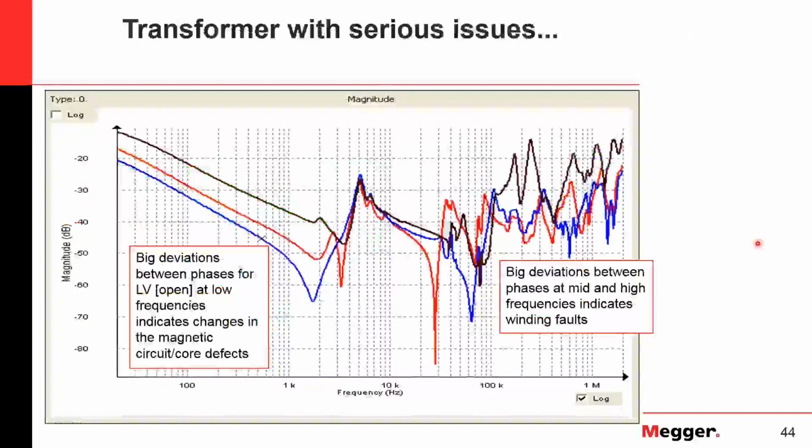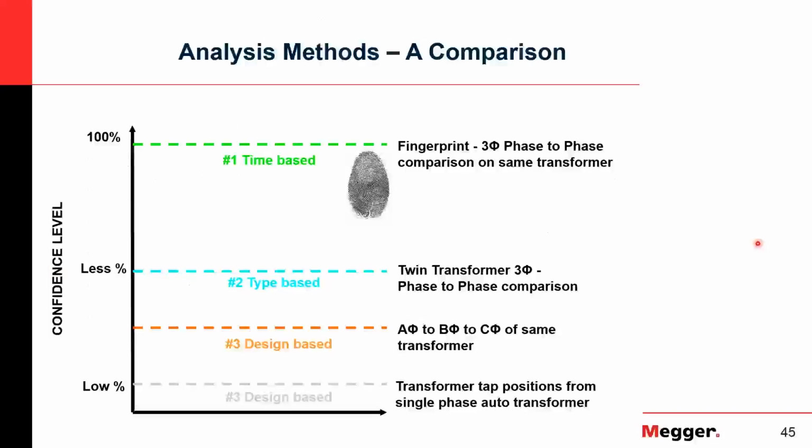So if you see any kind of difference in the reference trace to your new trace, physically, mechanically, something changed inside that transformer.